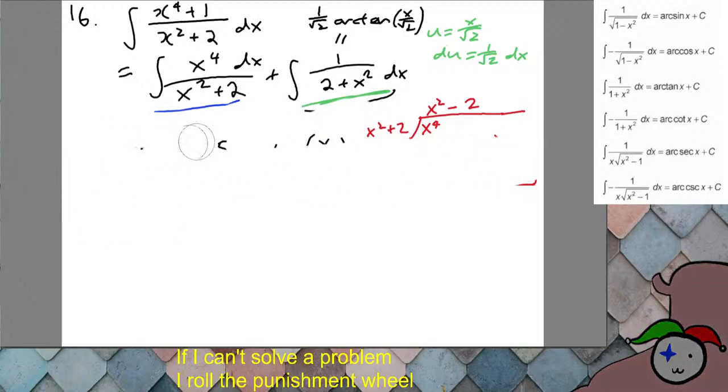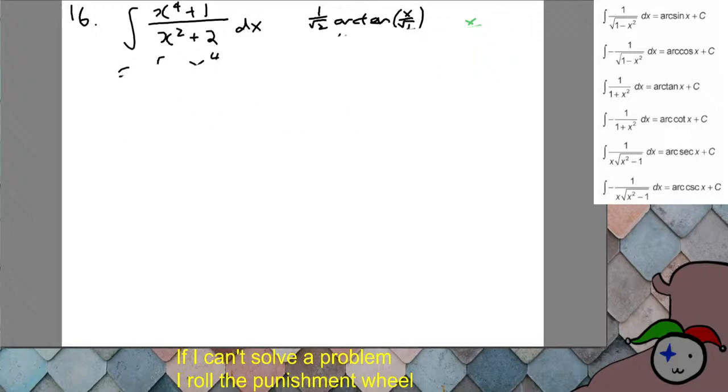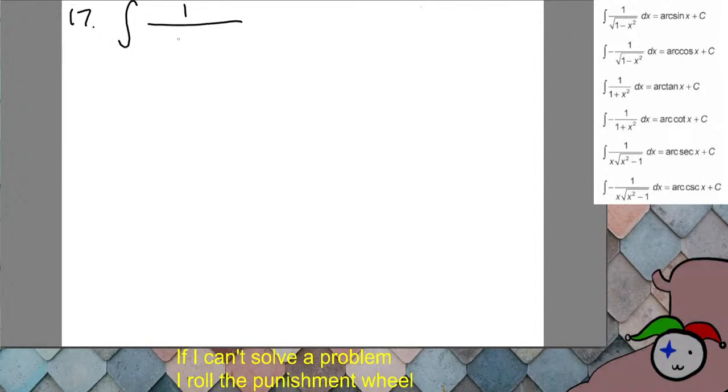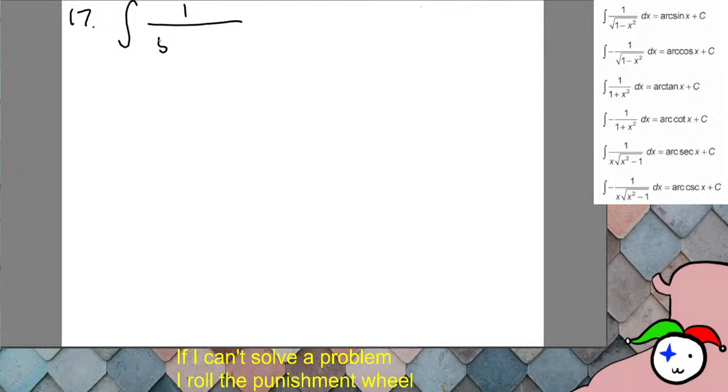Okay. Number 17. Integral of 1 over, and I could cry because it's 1 over 5 plus 4 cosine of theta, d theta.